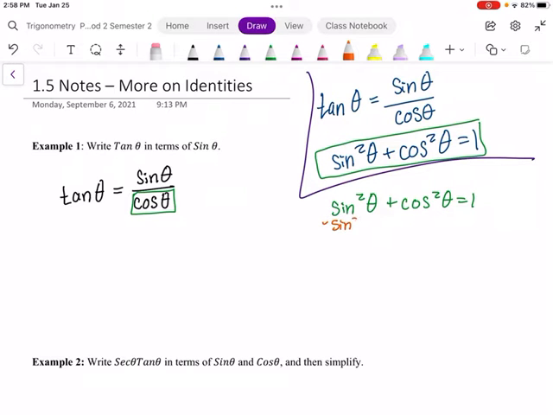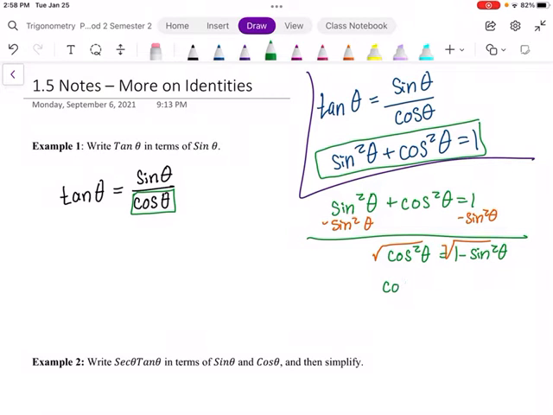So we're going to start by subtracting sine squared on both sides. And then we would have cosine squared theta equals 1 minus sine squared theta. Then we're going to take the square root. So we know that we have cosine theta equals plus or minus the square root of 1 minus sine squared.